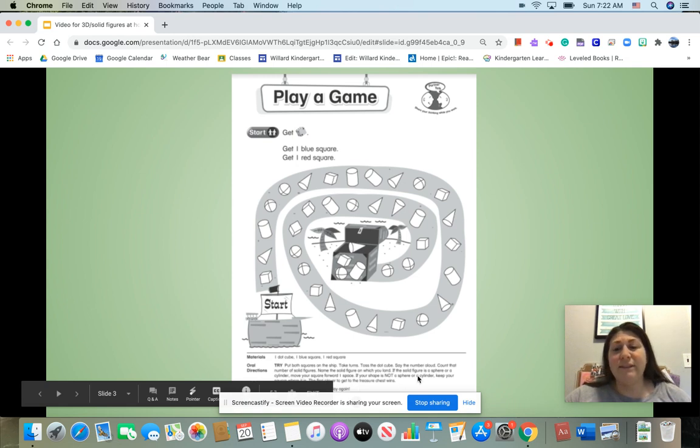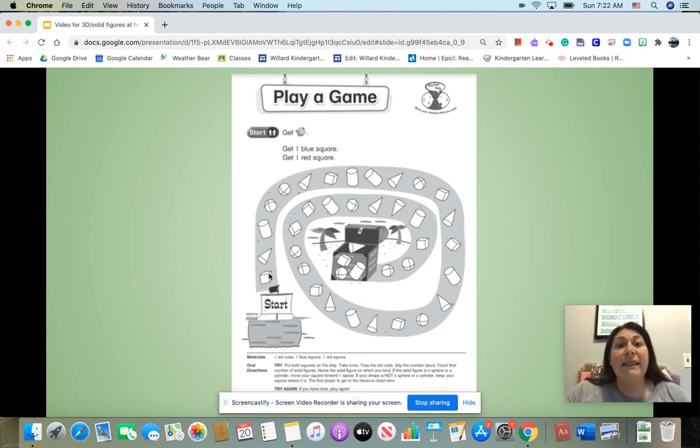There are directions at the bottom. So what you do is you start by this little boat over here and you roll a die, and then you move however many spaces. If you land on a sphere or a cylinder, you get to move up one space.